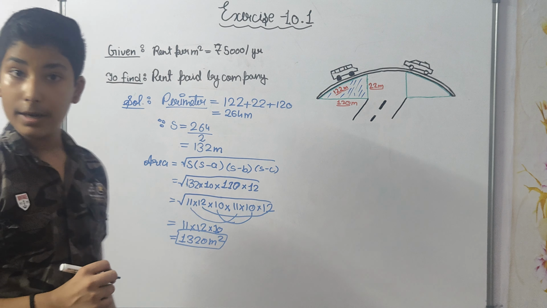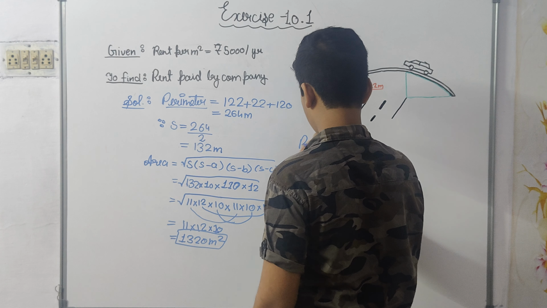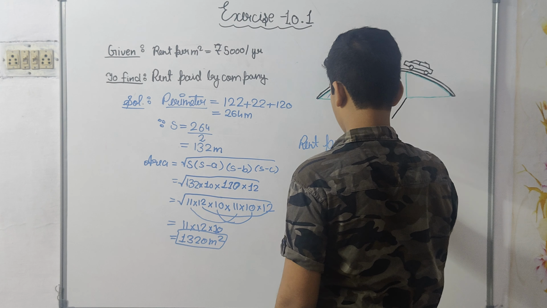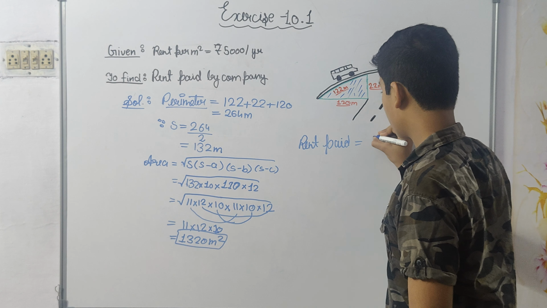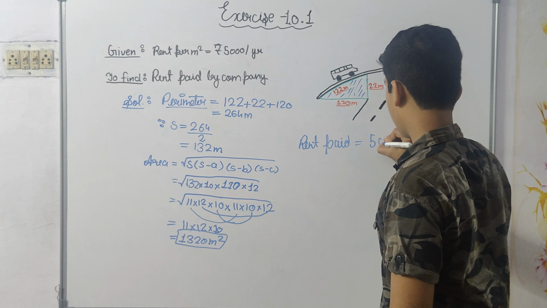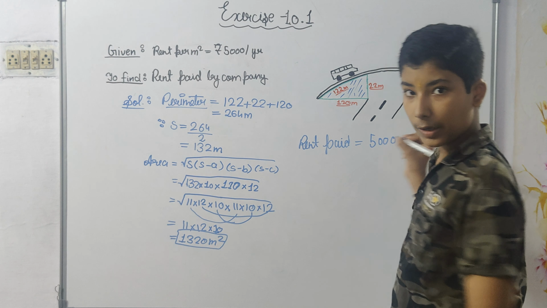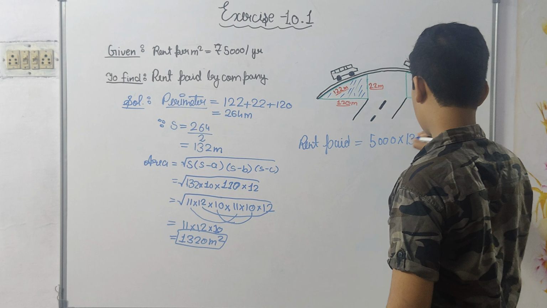This is our area. Now we'll find the rent. Rent paid equals 5,000 into 1320.